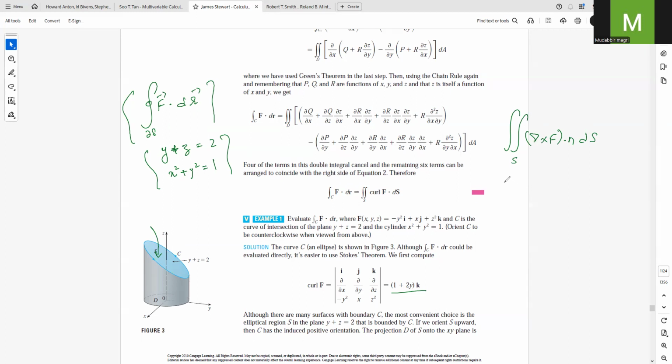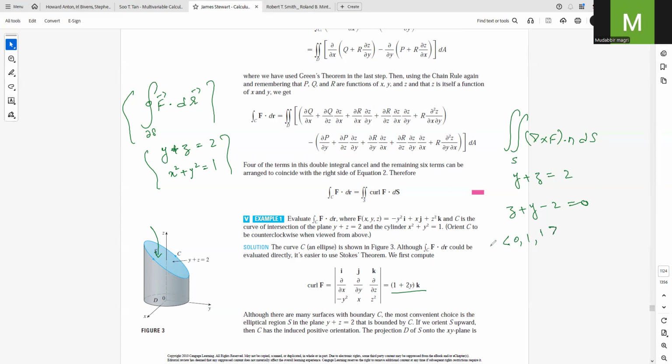For finding the n again, we can consider this equation. The plane is z plus y minus 2 equals 0. Say that this plane is a level set of this function. If we differentiate with respect to x, we get 0, with respect to y we get 1, with respect to z we get 1.